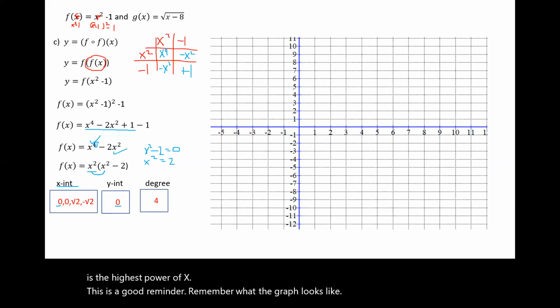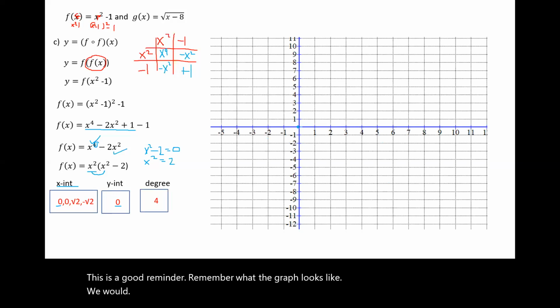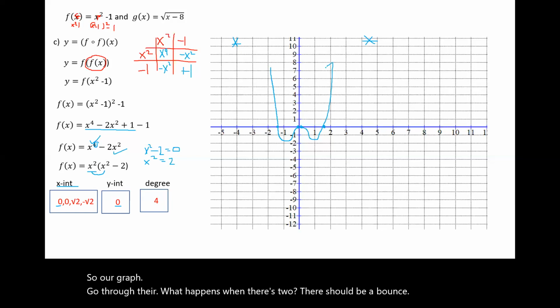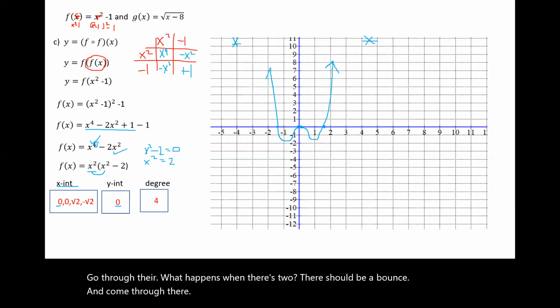We would have an x-intercept of 0 and another x-intercept of 0, an x-intercept of root 2, that's 1.414, and negative. Degree even, starts here, ends here. So our graph goes through there. What happens when there's 2? There should be a bounce and come through there. So there's our final graph.